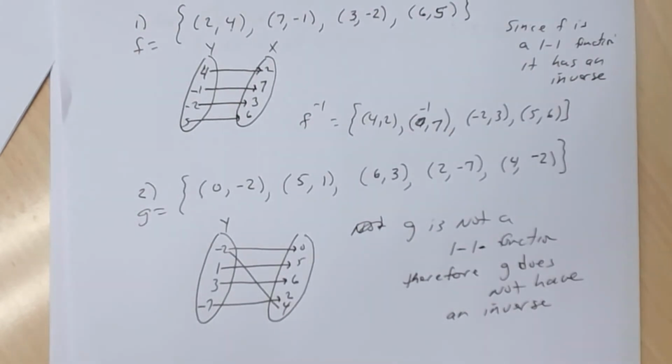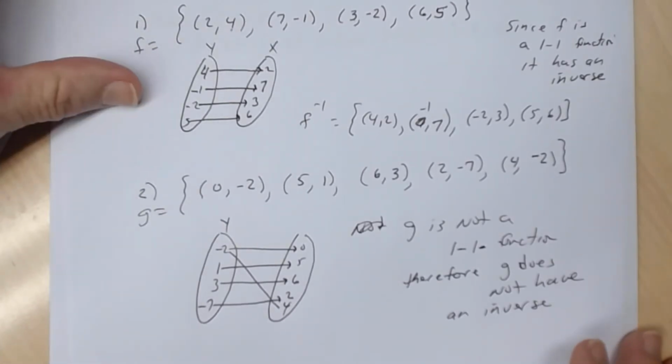Remember, for each y coordinate, you can only have one x coordinate. So when y is -2, there are 2 of them. So it's not 1 to 1, so it doesn't have an inverse.